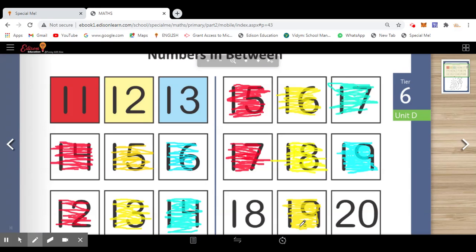Okay, now tell me which number comes before 19? 18. 18 comes before number 19. So here you have to fill red color, right?